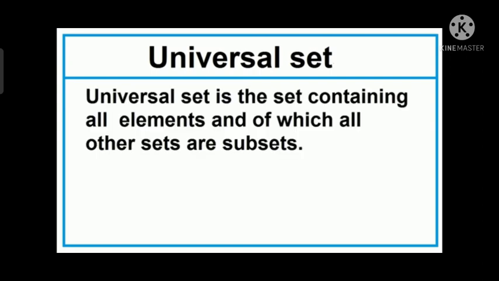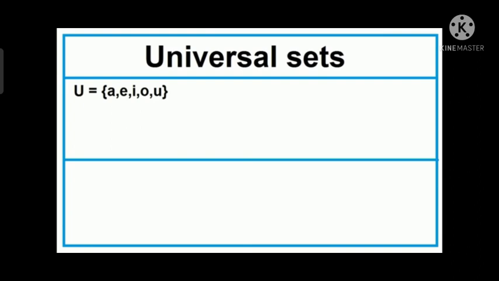Universal set. Universal set is the set containing all elements and of which all other sets are subsets. The universal set is represented by a capital letter U. Example: let U be the universal set. Set U is the set of all vowels in the English alphabet.